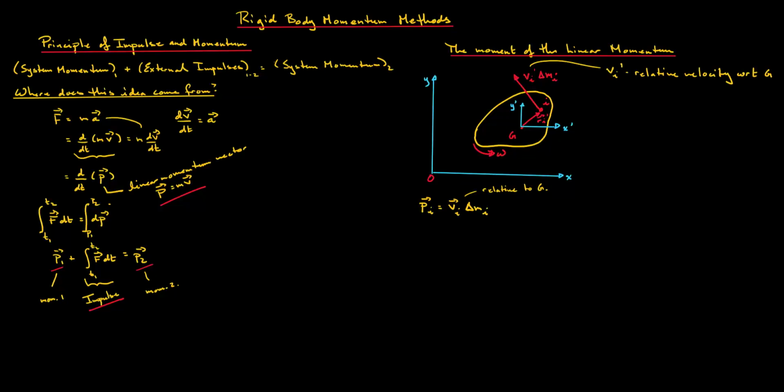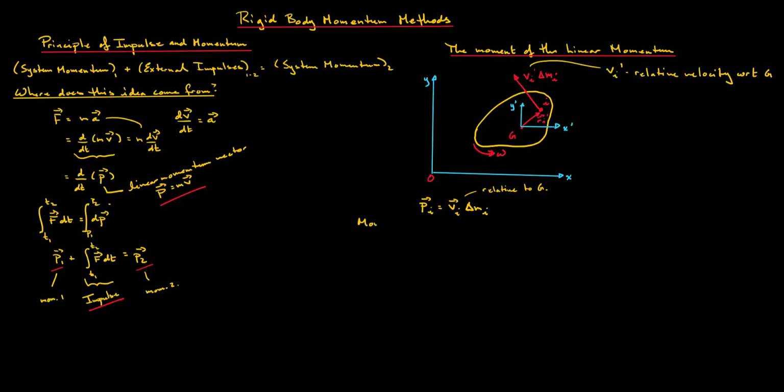Now, the angular momentum of a particle is obtained by taking the moment of the linear momentum of the particle. And now, we can take moments about any point that we like. So here, it makes sense to take the moment about G. So let's write this out.